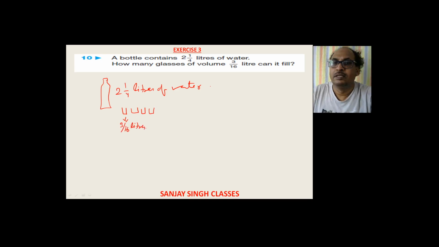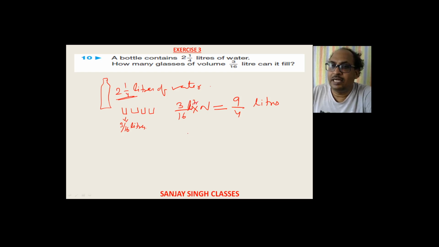Now what we can say: if 3 by 16 liters into n number of glasses are there, as we have done in the previous question, then the total volume of the water will be 4 2s are 8, 1 is 9, so 9 by 4 liters, correct?